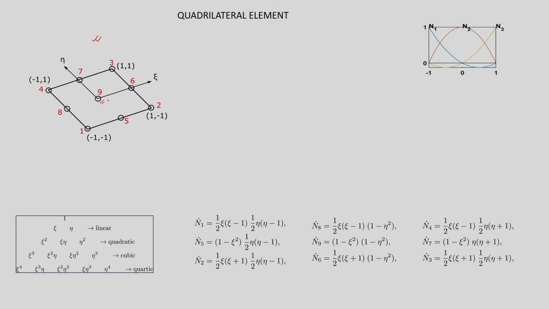So, if we want to derive the shape functions for the quadrilateral element for degree p equal to 2, we have to construct the shape functions for the one dimensional case for p equal to 2. Here I have shown a one dimensional element, where the independent variable xi or eta varies from minus 1 to 1. For p equal to 2, we have 3 basis functions in the one dimensional case, which we denote as n1 bar, n2 bar and n3 bar.